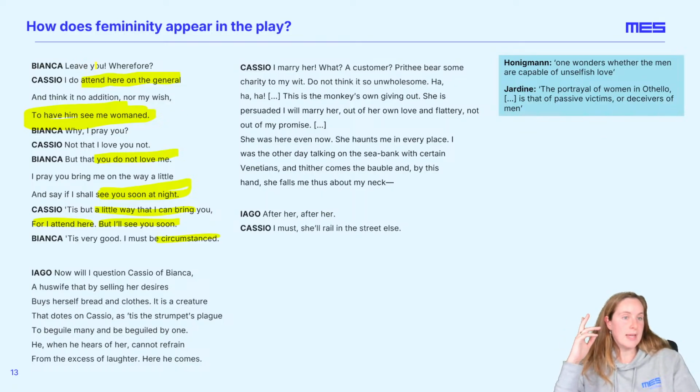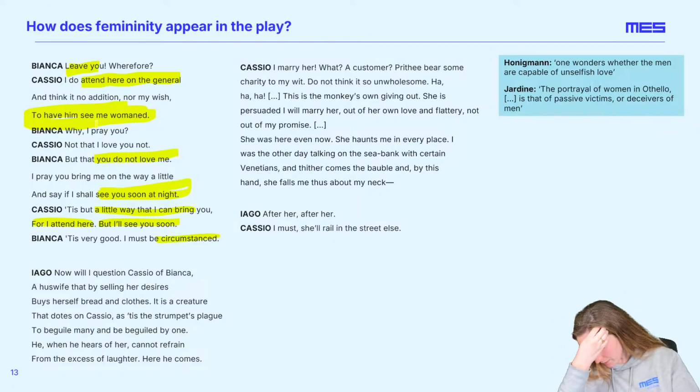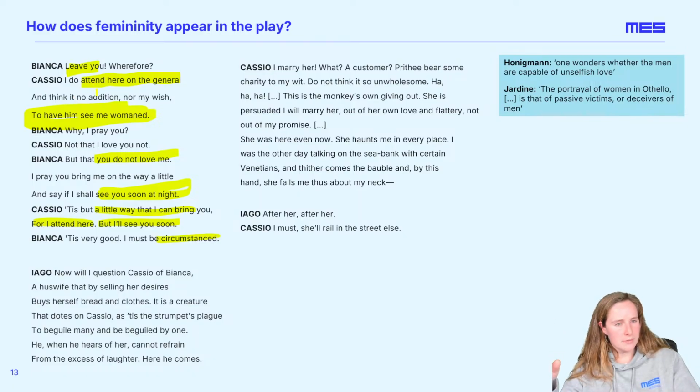Here, Cassio has said, go away now, to Bianca, who's trying to talk to him. She's followed him from Venice to Cyprus, by the way, because she's in love with him. And he's saying, go away, leave me alone. She says, why? Because the general, Othello, is coming here, and I don't want him to see me with you, with a sex worker, with a woman here. She said, why? Not that I don't love you, but that you don't love me.